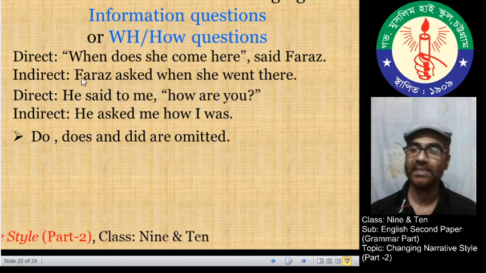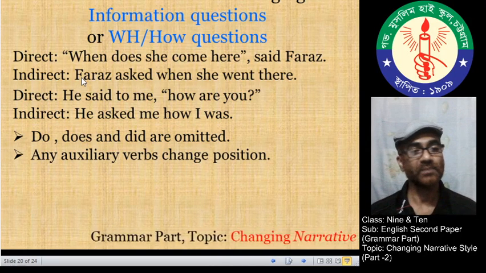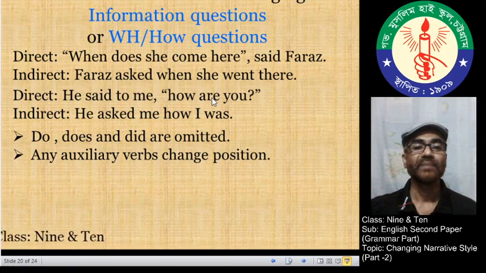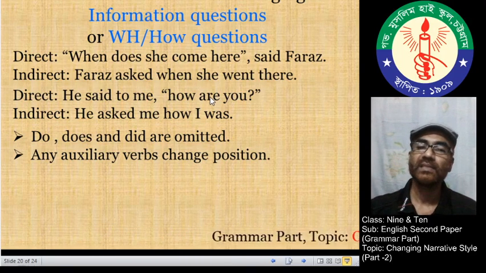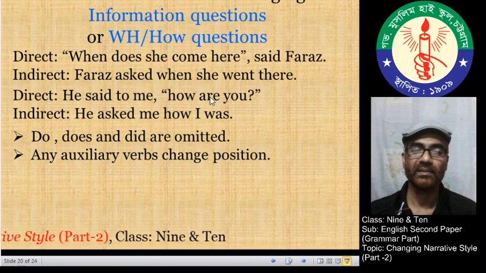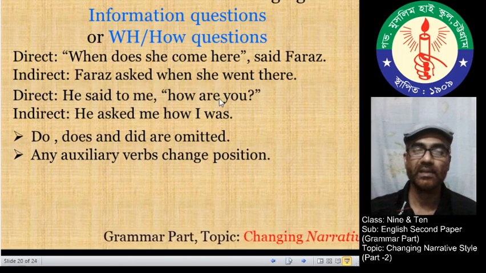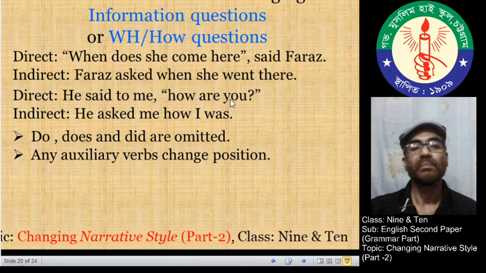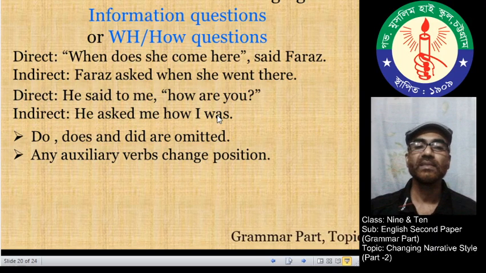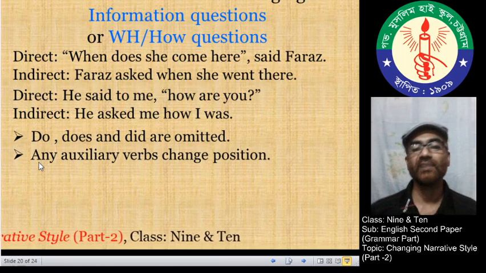Okay, now see what the changes are. Do, does, and did are omitted. Any auxiliary verbs change position. You see here, how are you, how I was. Here the auxiliary or be verb are precedes the subject you, but here you see was, the be verb, is used after the subject I. So here it says that any auxiliary verbs change position.